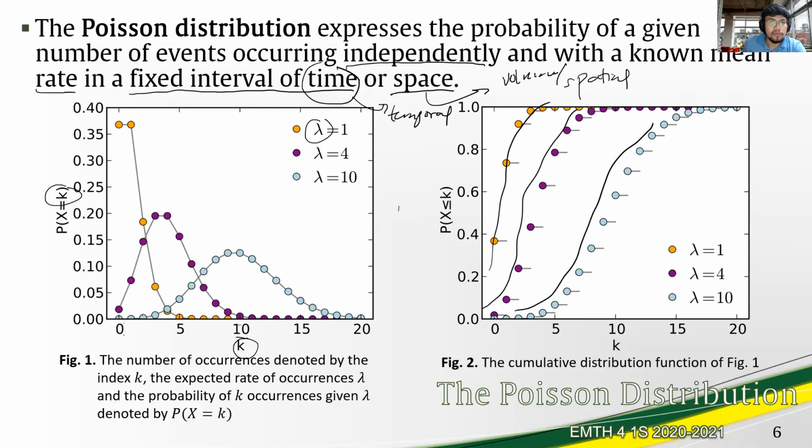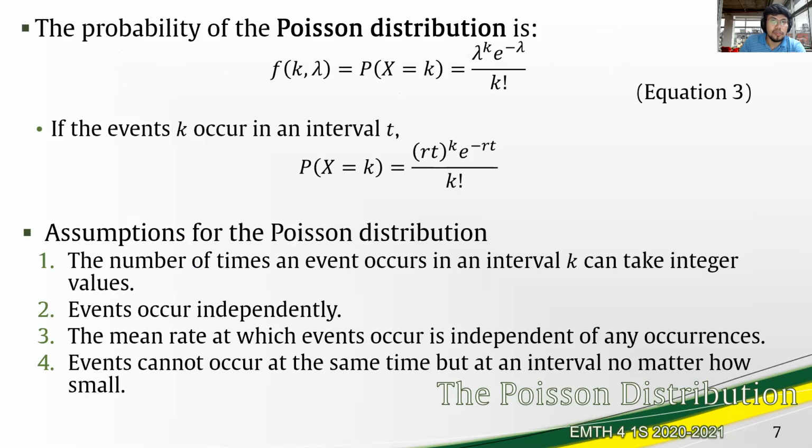Now, the formula for this Poisson distribution. The function is in terms of k, the events in time or space, and you have the lambda indicative of the mean rate.